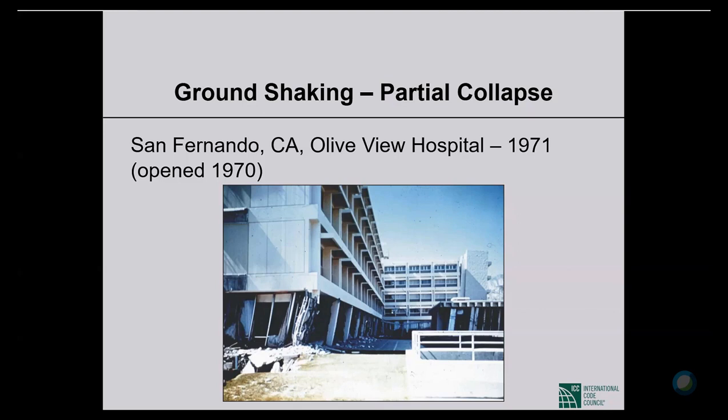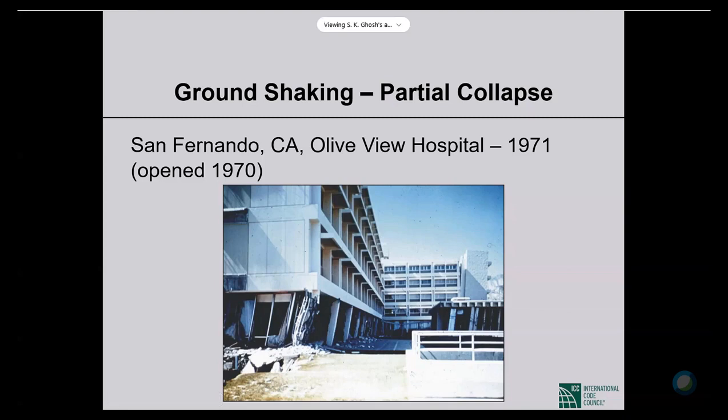This is the Olive View Memorial Hospital in the San Fernando Valley. It was pretty brand new at the time of the earthquake and suffered partial collapse, as we say here. If you look, the shear walls, the face of the building, those shear walls are discontinued at this level, and then they are supported on columns at the ground level, which is pretty typical. Most of the columns were typical of columns of those days.